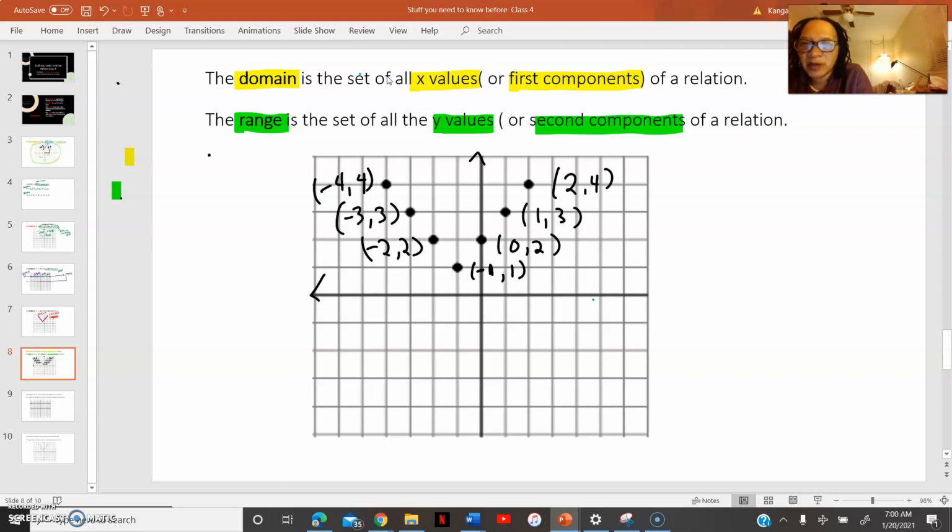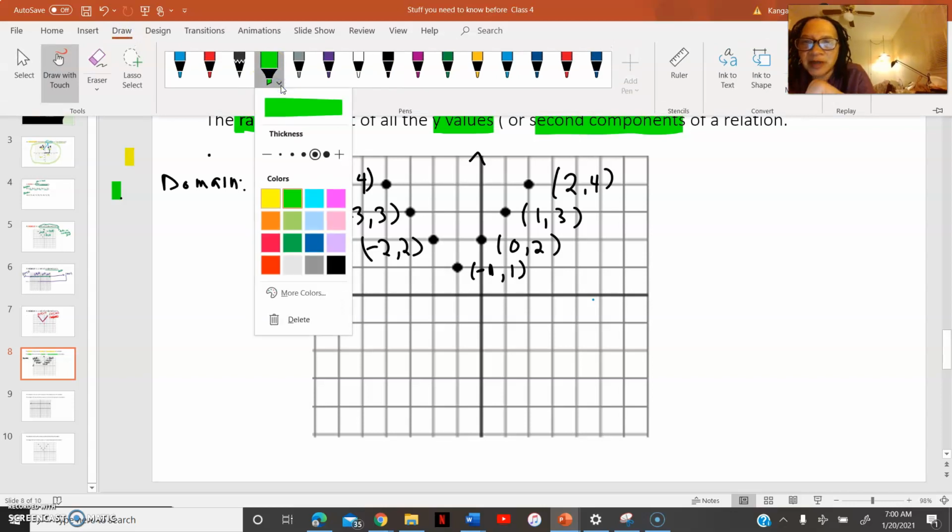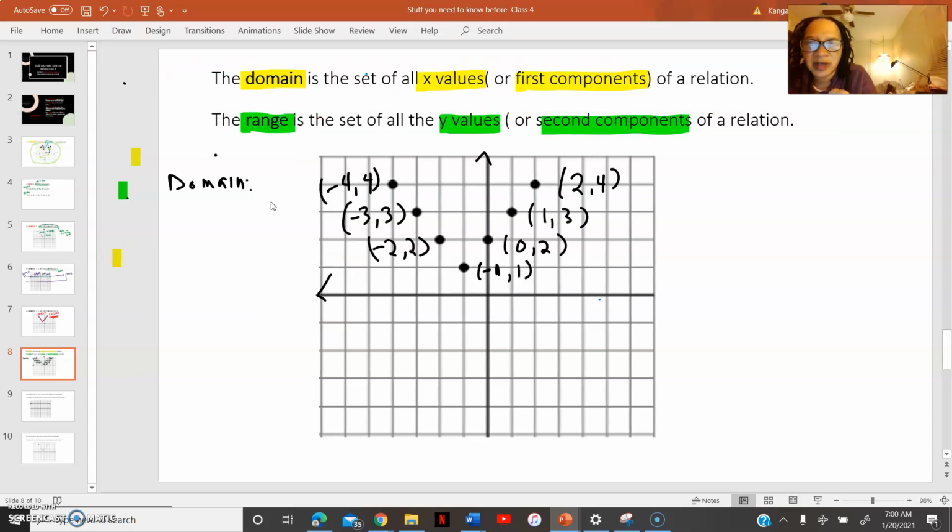So now if I want to tell someone what the domain is, remember that the domain are the x values. So let's look at each of those points or ordered pairs, and we're just going to identify the x values. Here they are. There's the x here, or first component.